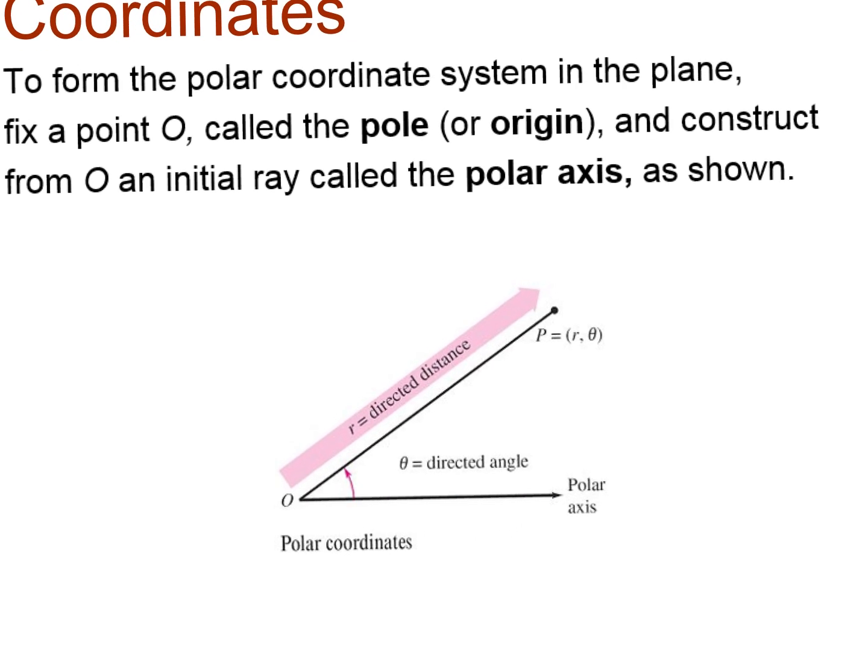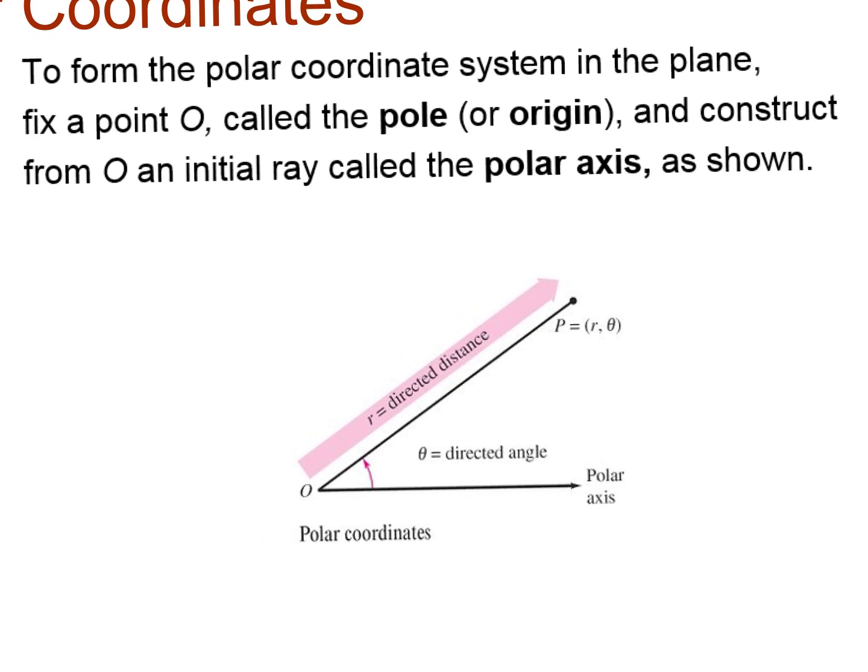Instead of saying go over whatever x value and up y value like we do on a rectangular coordinate plane, we start at the origin, at the pole, and we say a directed distance is our r, and the angle is theta. You would think that theta would be like your x coordinate, like you do theta and then r, but it's actually r and then theta.